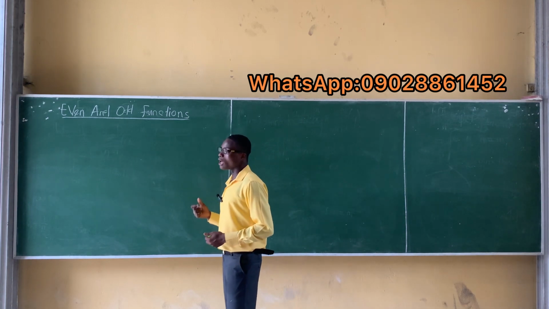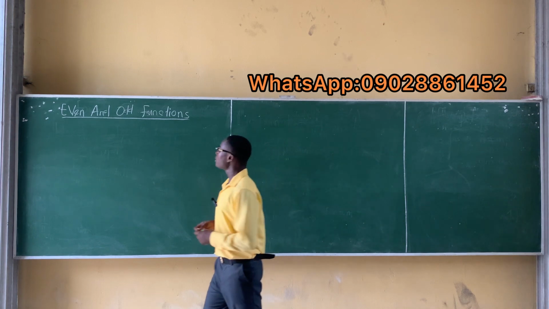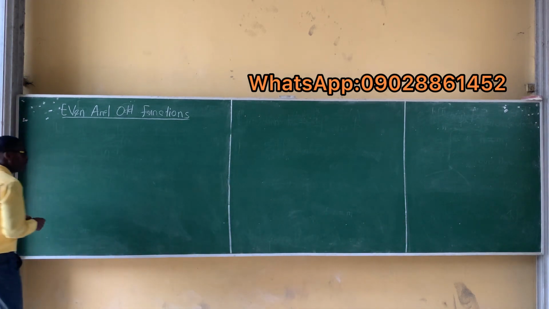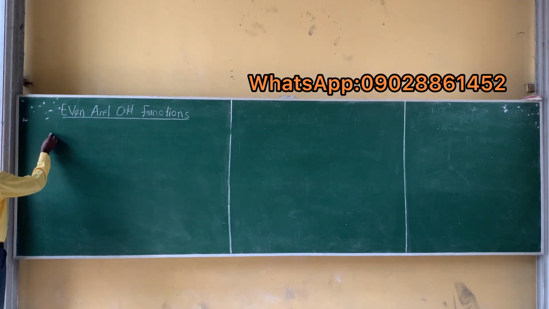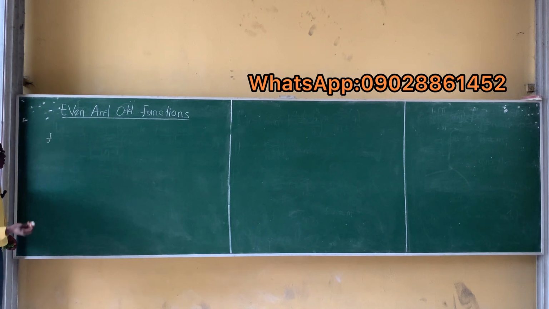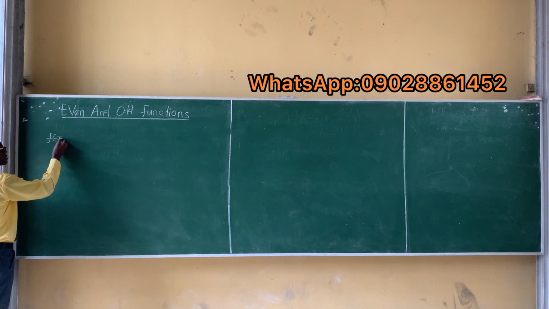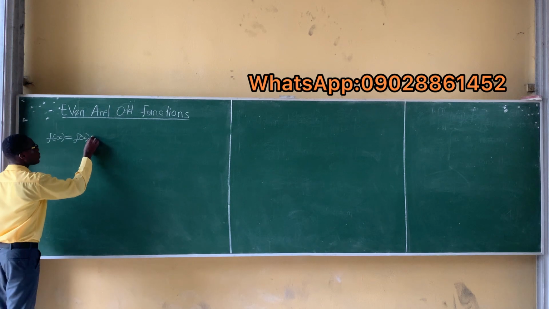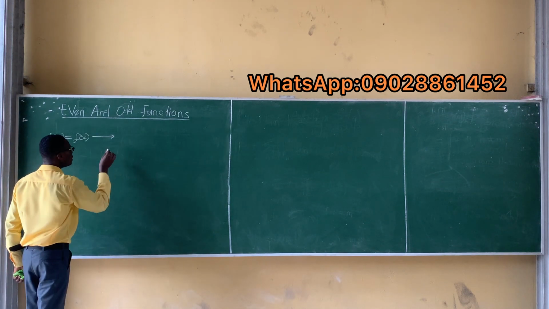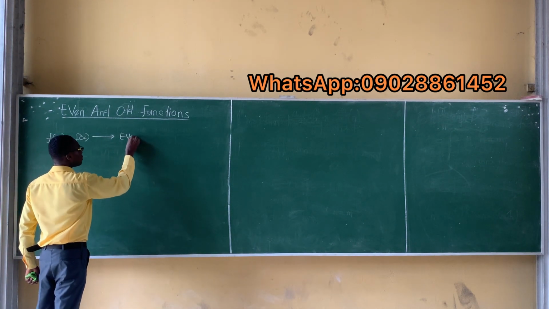Let's see even and odd functions algebraically. If I have a function f of x and I take the negative of x, if I get the function back, then the function is even. That means if I have f of minus x and it gives me f of x, then we can conclude that this function is even.